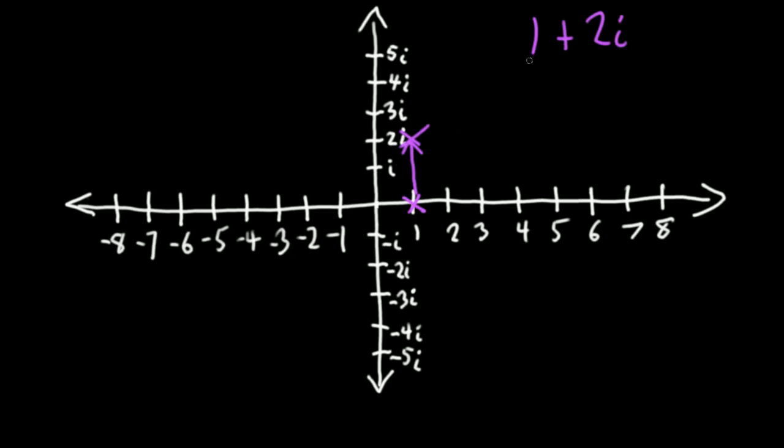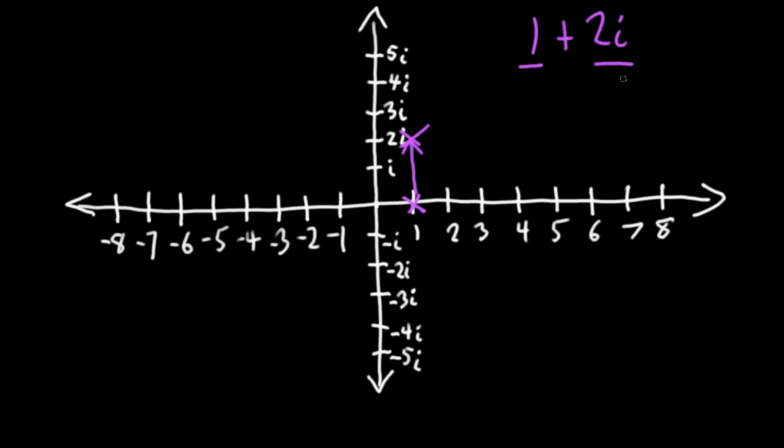Now, how do we reduce this? 1 plus 2i? Well, there is no way to reduce that further. It's always going to be 2 terms. And that's what happens with complex numbers. We call them complex because they have those 2 different components, a real part and an imaginary part.